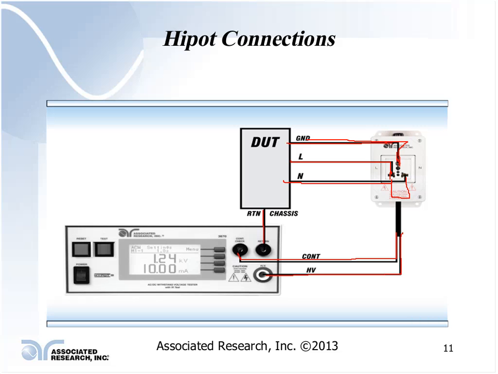Part of the test, if you're testing a product that has a 3-prong plug on it, one of the tests you are required to do is verify continuity between the ground blade of the attachment plug, which is, I'm going to get rid of these other circuits here and talk about that briefly, and the return of the Hipot, or the chassis.